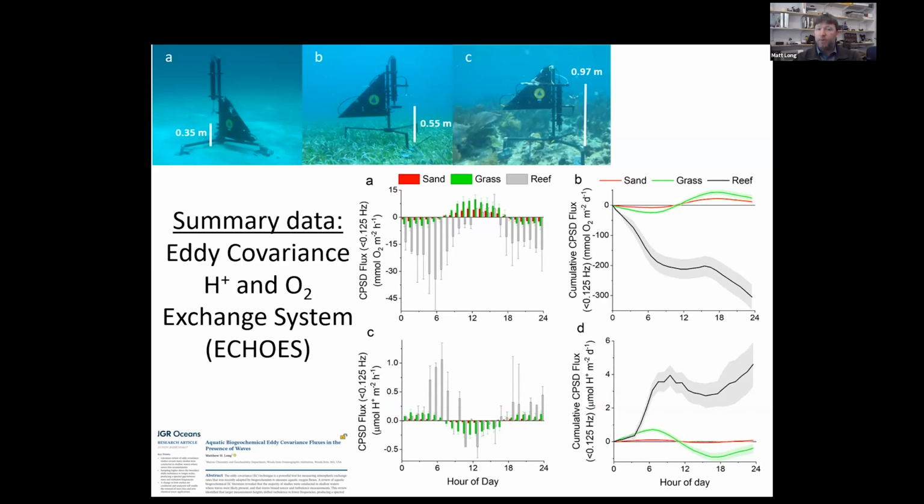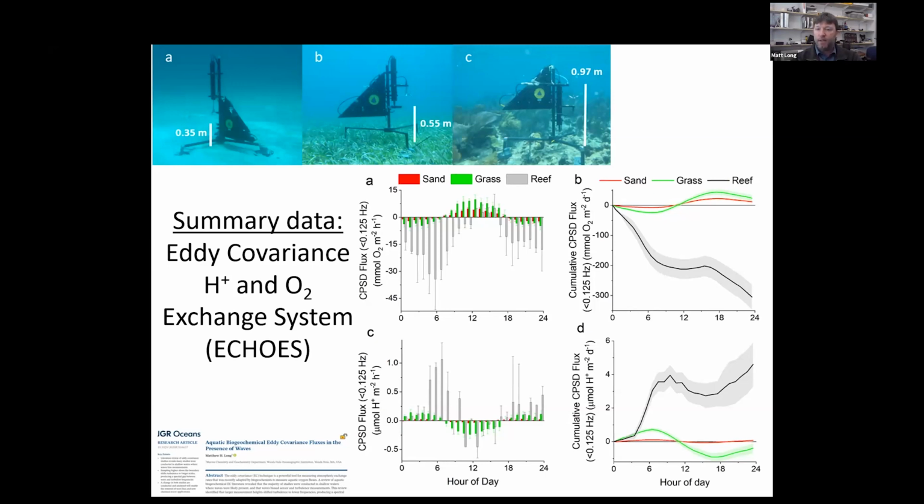Then in the bottom panels, we have a hydrogen ion flux, which is a fairly new metric that we've been working with. You can see those diel fluxes mirror the oxygen fluxes very closely. But interestingly, in the cumulative fluxes on the bottom right, we have this degraded reef environment being a very strong source of protons, so a very strong acidity producer.